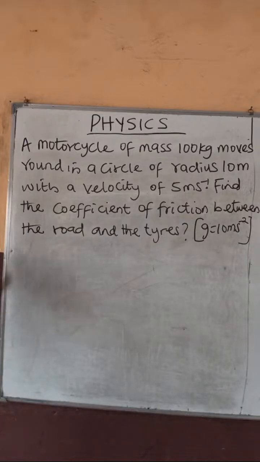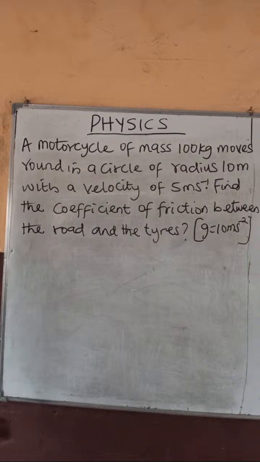Now let's go. A motorcycle of mass 100 kilograms moves round in a circle of radius 10 meters with a velocity of 5 meters per second.